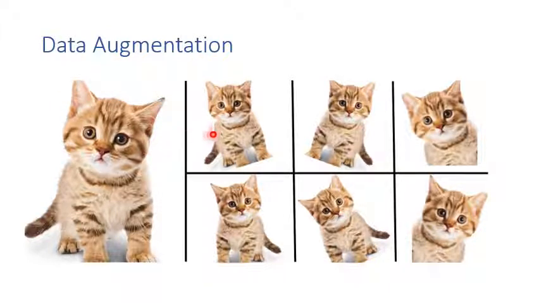Here are several examples. We can make some rotation, cropping, zoom in, and zoom out. In this case, we immediately have 6 more training data. Training data size is very important for the accuracy of deep learning models.